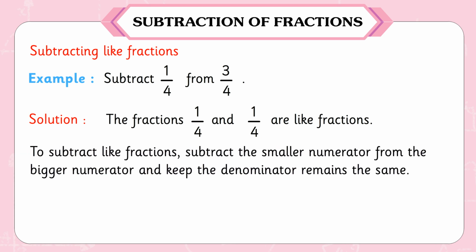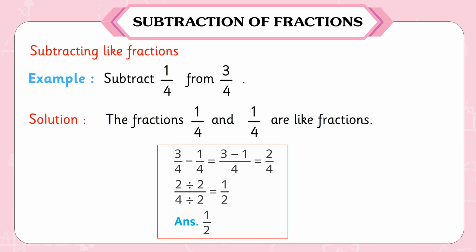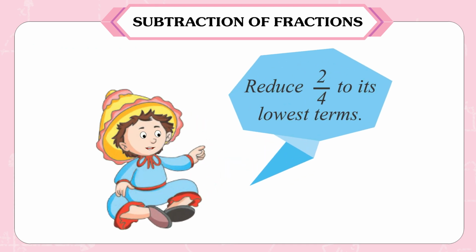To subtract like fractions, subtract the smaller numerator from the bigger numerator and the denominator remains the same. 3 by 4 minus 1 by 4 is equal to 3 minus 1 by 4 is equal to 2 by 4. 2 divided by 2 upon 4 divided by 2 is equal to 1 by 2. Answer 1 by 2. Reduce 2 by 4 to its lowest terms.